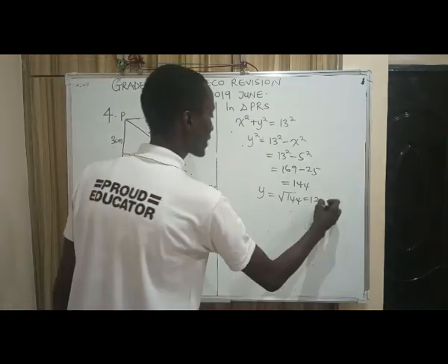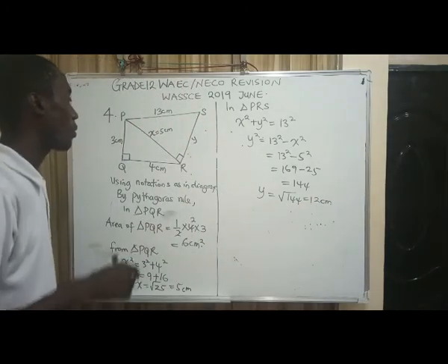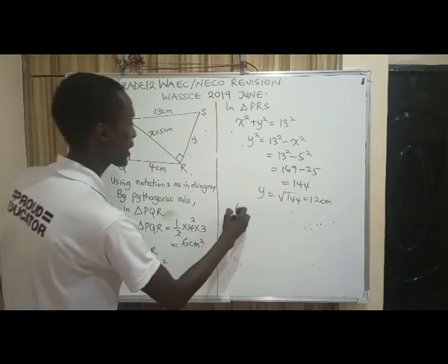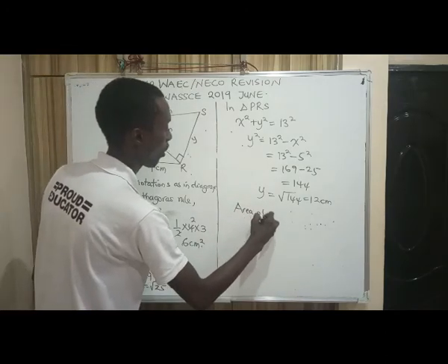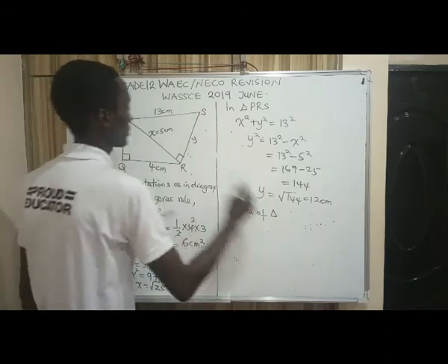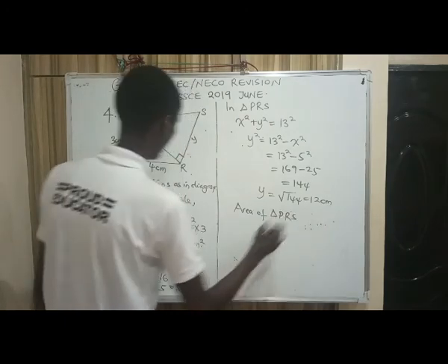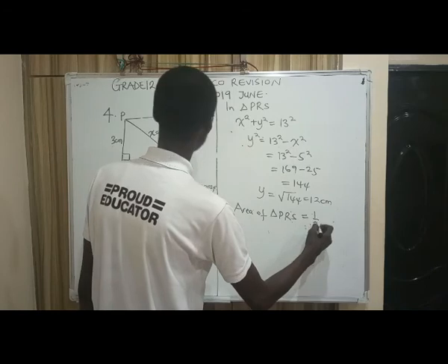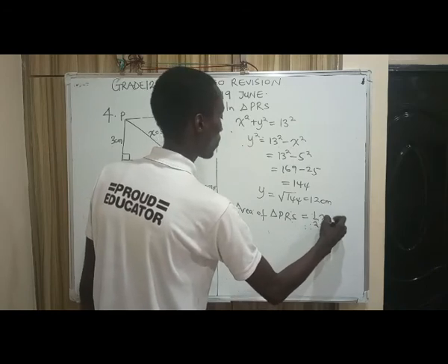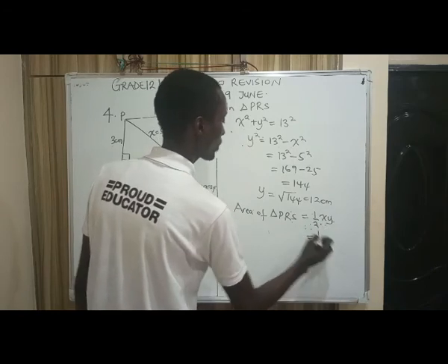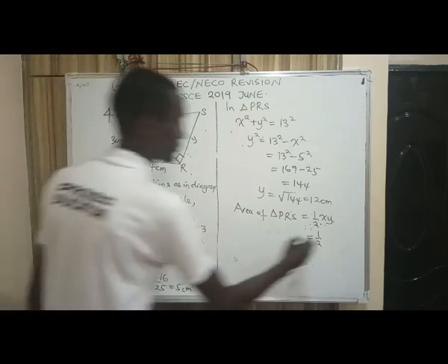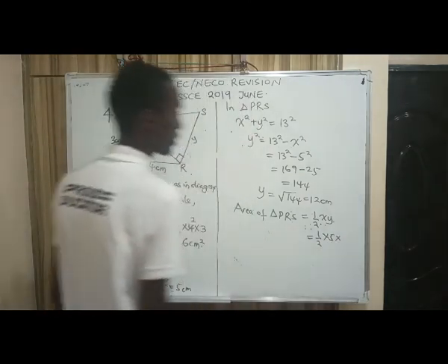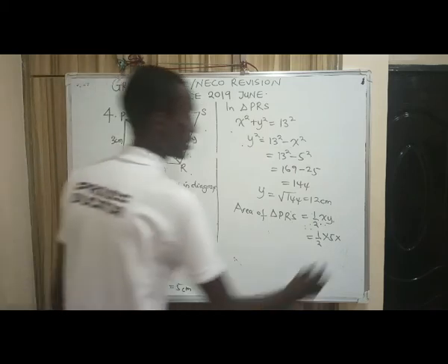So with that settled, I can now look for my area. So area of triangle PRS will now be equal to half of what? X, y. What is x? X is 5. What is y? Y is 12.